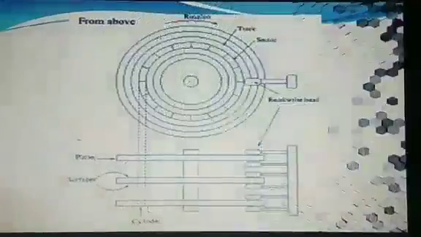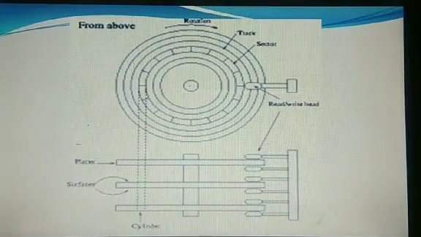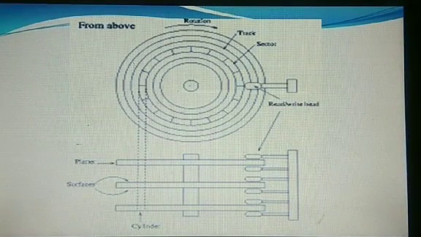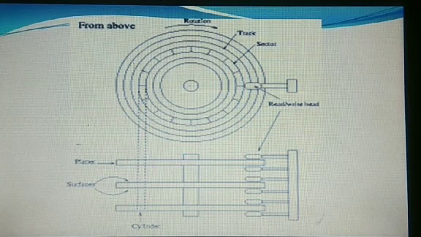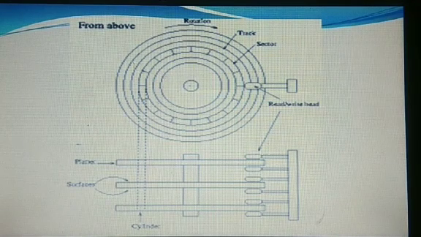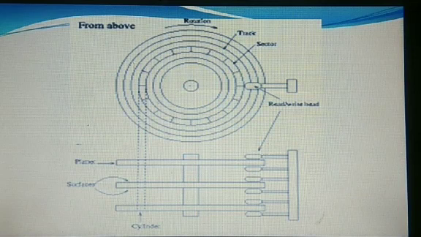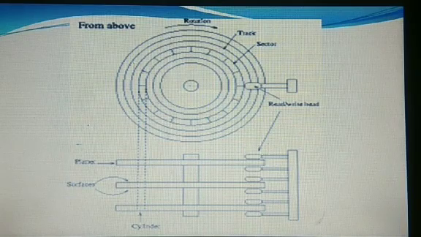You can see here tracks and sectors. All the circles are the tracks, and the segments we have made on a track are the sectors. So data is written onto the sectors using the read-write head.